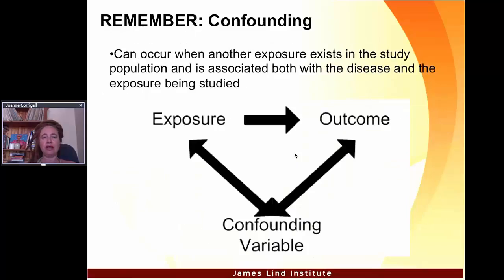So let's just have a look at confounding again, because this is quite important when you're trying to avoid both type 1 and type 2 errors, because if you have a confounder and you haven't adjusted for it, you can get either false positives or false negatives. If you remember back to our previous lectures on confounding, a confounding variable is one that is independently associated with both the exposure and the outcome.